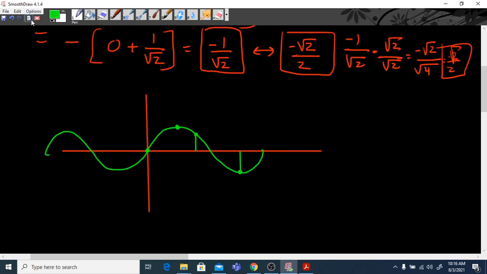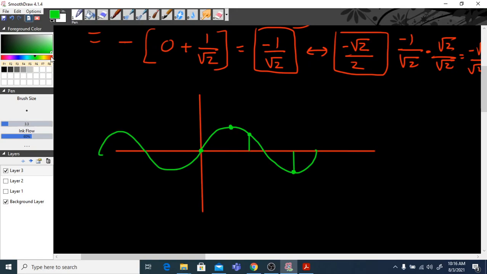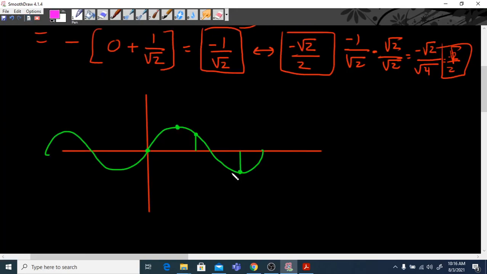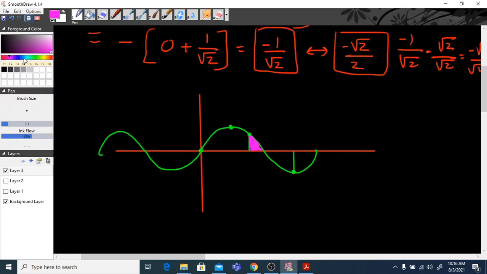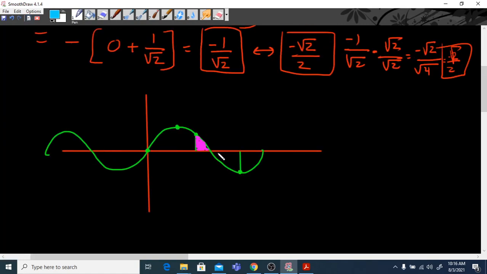Okay, so here's what's happening. Let's look at areas. So we have this region, and then we have this one.